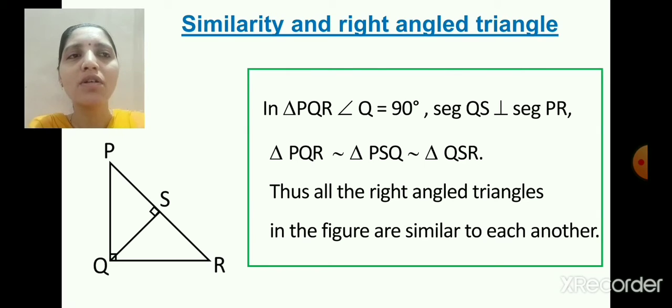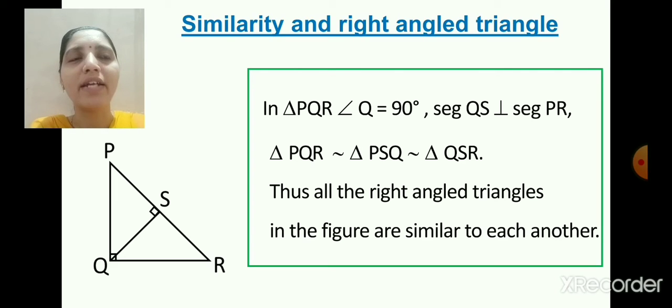So because of the perpendicular segment, we get 3 triangles here. All these 3 triangles will be similar to each other. Thus all the right angle triangles in the figure are similar to each other, and this is called the property of right angle triangles.